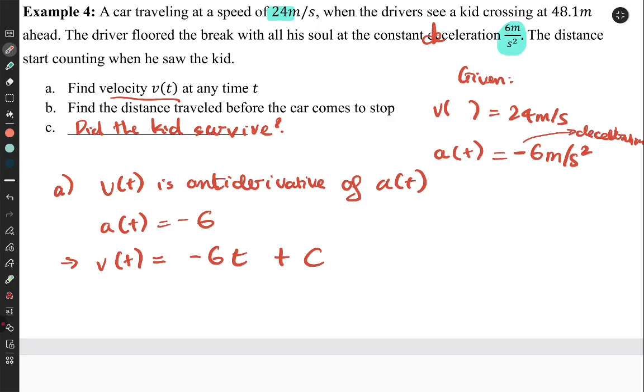Somehow the CCTV caught this incident at the moment before he started to see the kid: v of 0, t of 0, at the beginning.